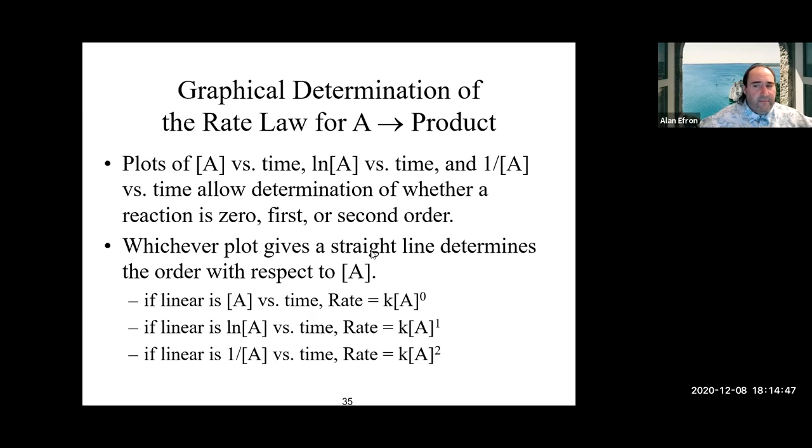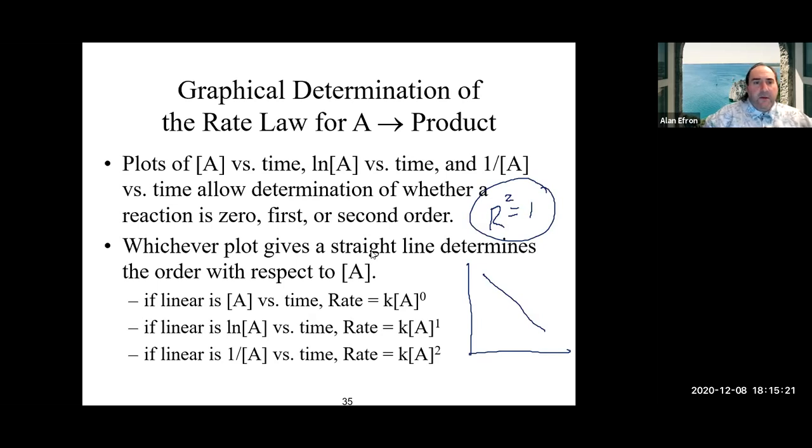Whichever one is the most linear, the straightest line, whichever way it may be going, you can usually determine by the R-squared value closest to 1. That's the linear coefficient when you do a best fit line. That will graphically determine the order of the reaction, and that's why it's important to know those graphs typically associated with these orders. Any questions on that?